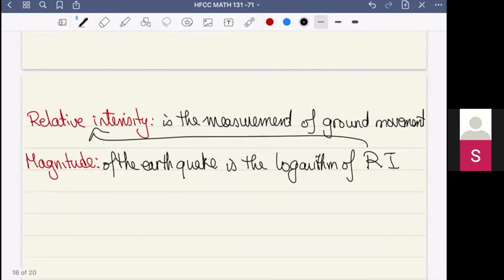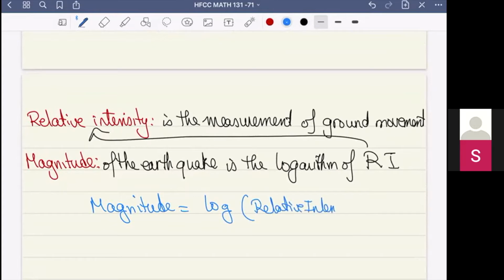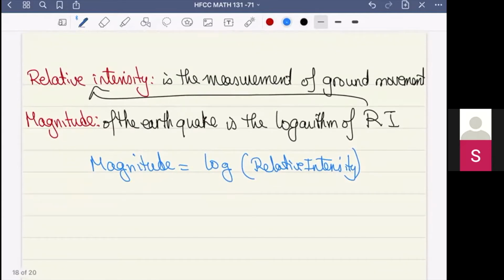So the formula that we're going to be using is the magnitude equals log of the relative intensity. Or if I want to switch it around, if I want to find the relative intensity, I will use the formula 10 to the power of the magnitude.